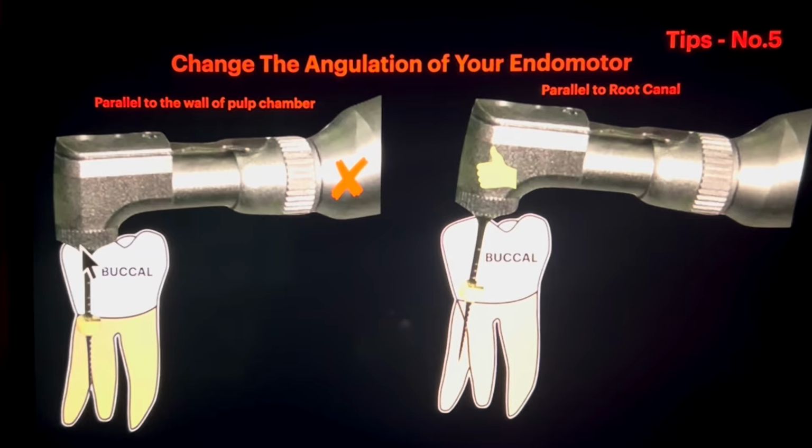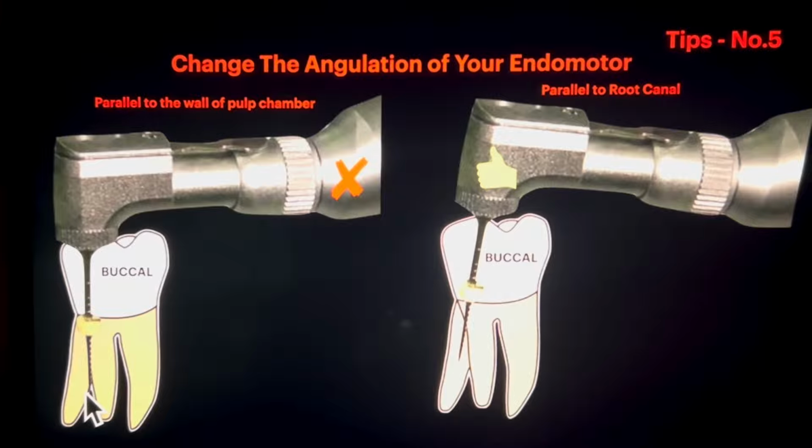On the left side picture, if you place the endomotor parallel to the walls of the pulp chamber, the working part of the file will go straight like this. Here at this point it will get stuck, and then it will turn into the canal and go up to the working length.